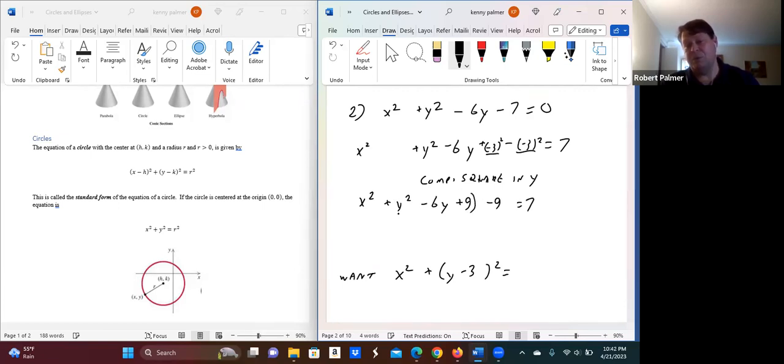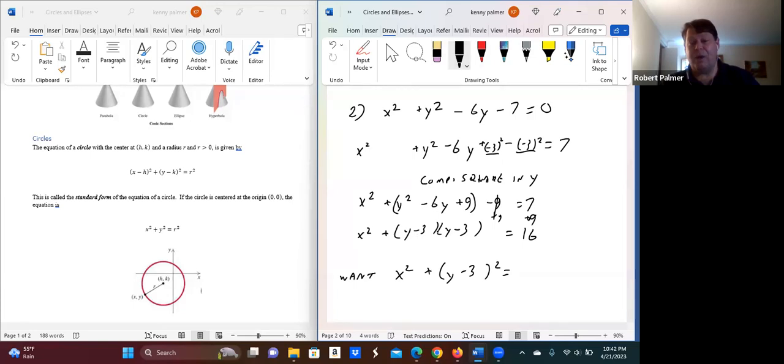So we group these terms, and then add 9 to both sides. Okay, and so we're going to have x squared. And this then, if we factor this, this would be y minus 3 and y minus 3. You can check that on your own if you like. And this side is going to be 16. So that will actually come out as a perfect square as well.